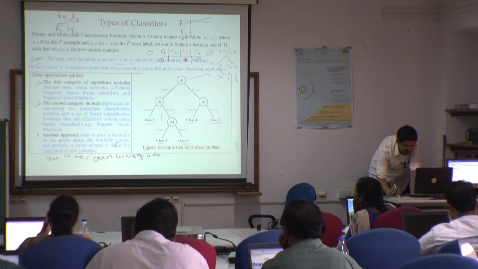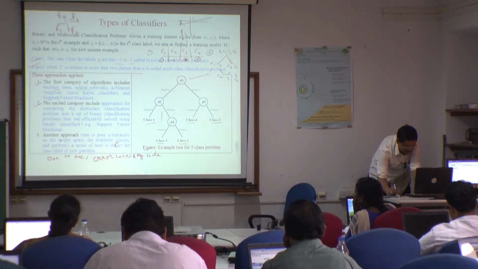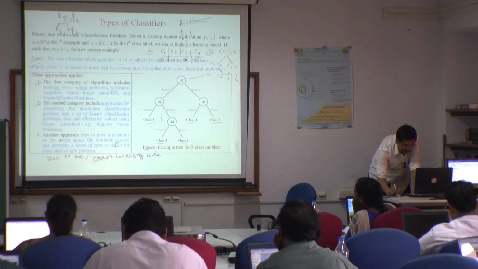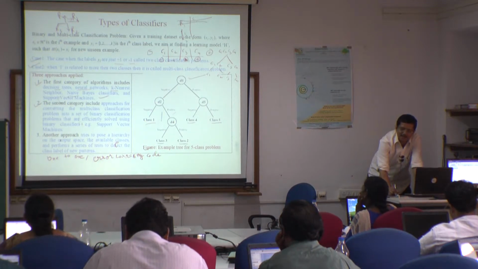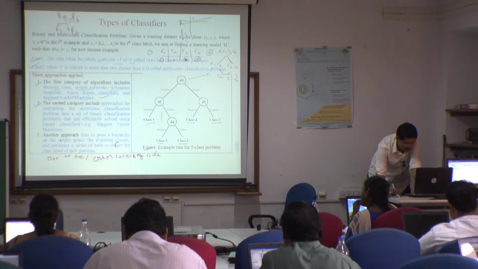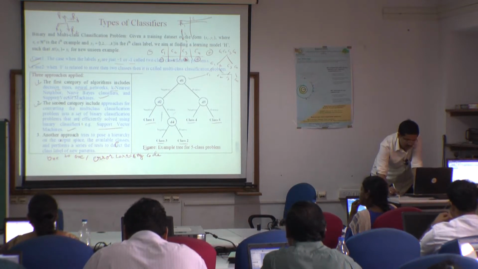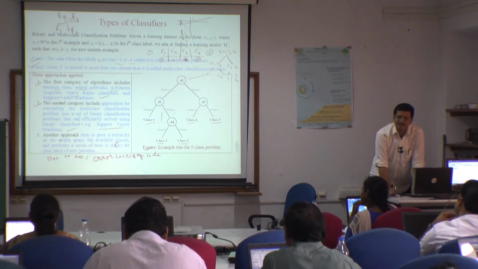You can directly use decision tree based classifier, neural networks, k nearest neighbor based classifier, Naive Bayesian classifier, and support vector machines for binary classification. And you can extend those for multi-class classification also, like the support vector machine.